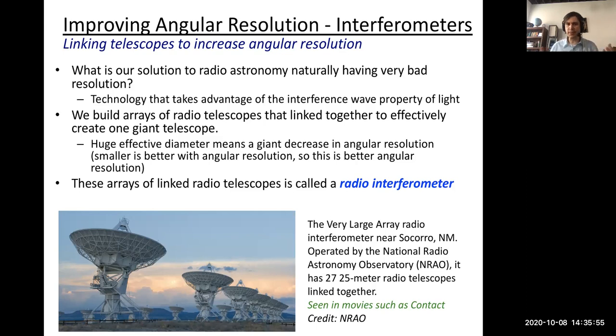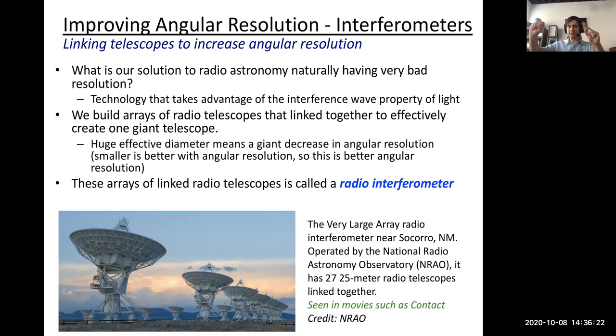What is the benefit of this? By linking them together, you basically are increasing the effective diameter, where every telescope in the interferometer becomes a part of this giant super telescope. And the diameter of this giant super telescope that we call an interferometer is the largest distance between any of the telescopes in there. So you find one telescope, you go to the farthest telescope away.